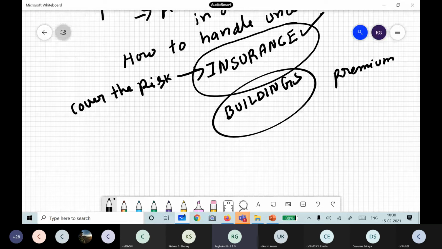If a 60-year-old man takes insurance for 10 lakhs, and a 10-year-old boy also takes it for 10 lakhs, whose premium will be more?